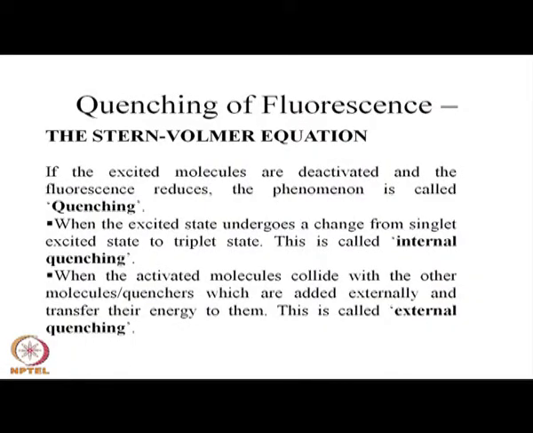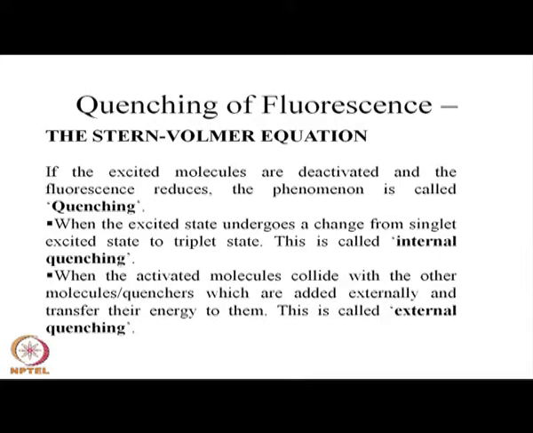This holds if all other factors remain constant and only one factor changes, like adding something from outside, or changing a parameter like temperature. When the excited state undergoes a change from the singlet excited state to the triplet state, it is called internal quenching, because the triplet is not emitting.